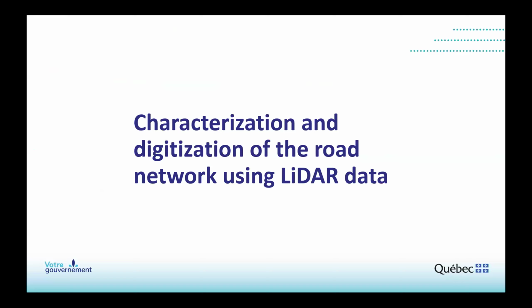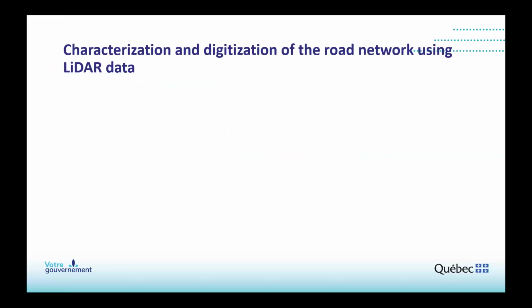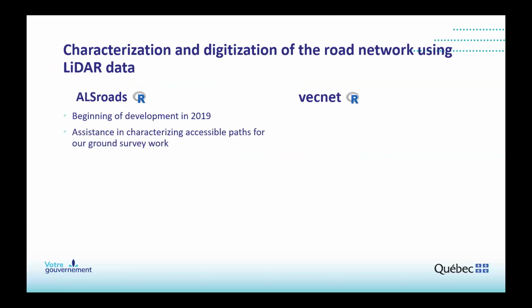Moving on to the last part of my presentation, characterization and digitization of the road network using LiDAR data. We use two R packages for that. One is ALS Road and the other is VecNet. The development of ALS Road began in 2009.